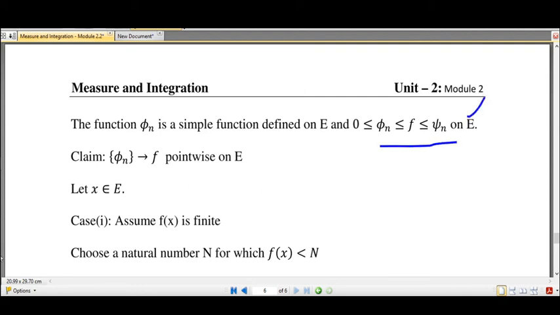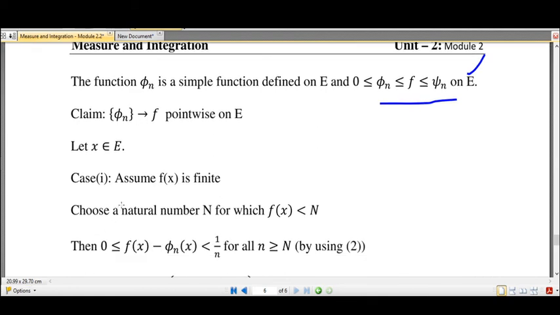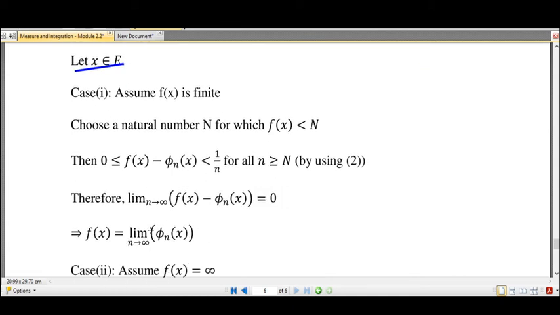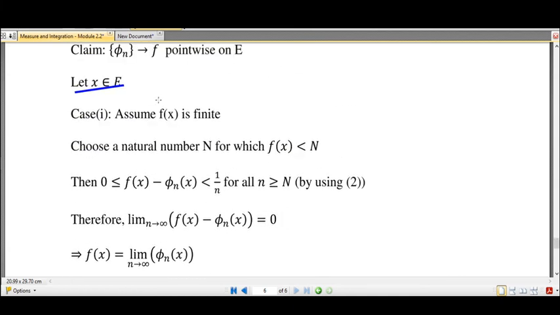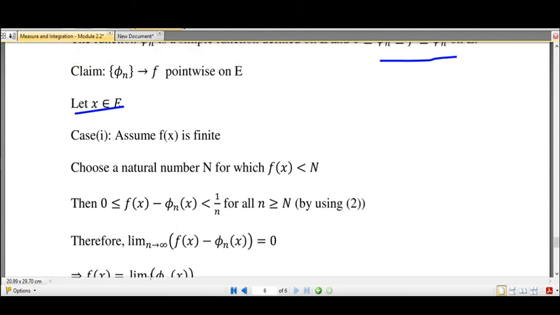Now we claim that the simple functions converge to f pointwise on E. So we take x an element of E, and we take two cases. Suppose f of x is finite.